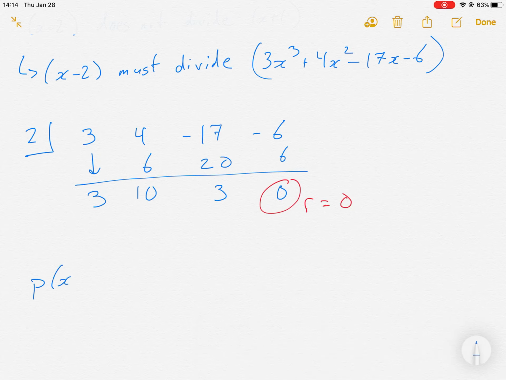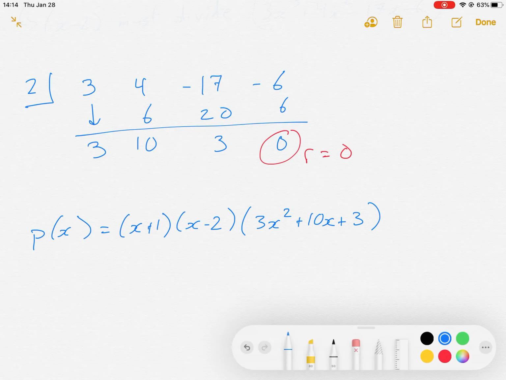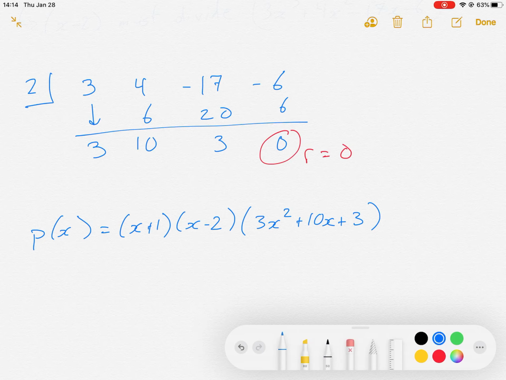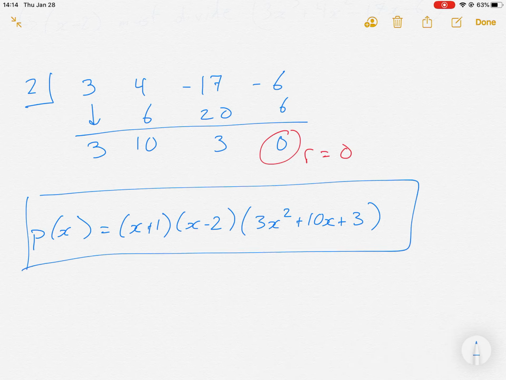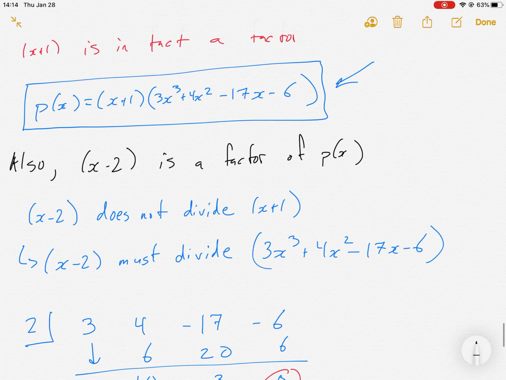So what I could say now is that I know p of x is, I already had x plus 1, but now I know that I have x minus 2. And then I'm left with 3x squared plus 10x plus 3. So let's just say for a moment, let's go back to the initial problem. Because I didn't really give you all the information to start this problem off, I just kind of went with it.